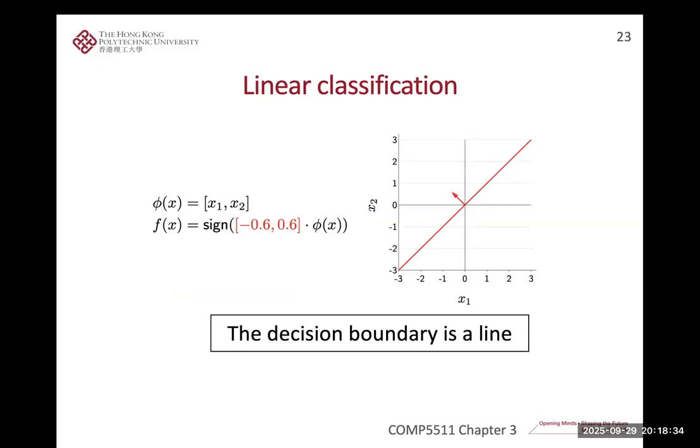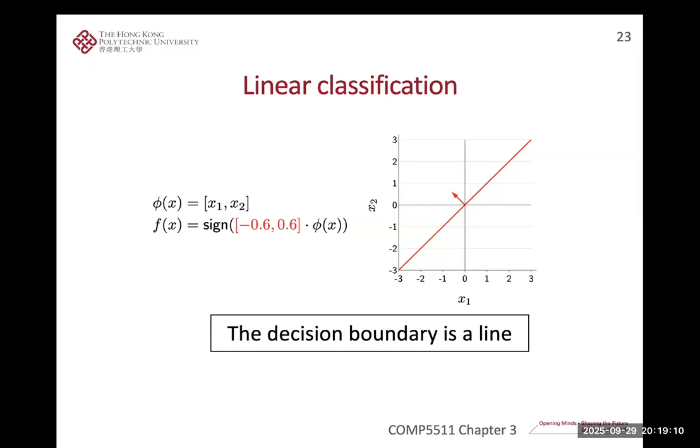So we do not say whether the predictor is linear or not; we just talk about whether the decision boundary is a linear line or not. Even in the toy example we illustrated in the previous part, binary classification, even though the decision boundary is a line, the predictor is still not linear in the input variable. This is a sign function, right? Of course, the score function is linear, but the sign function is not linear.